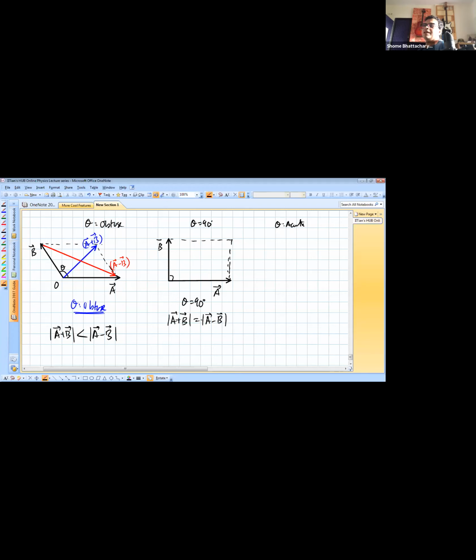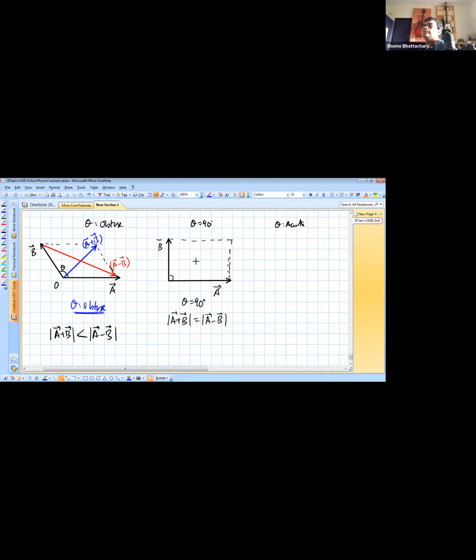So these two statements imply each other. Whenever we have perpendicular vectors, we know that mod A plus B is equal to mod A minus B. On the other hand, if we have two vectors whose sum and difference have the same magnitude, that means the vectors must be perpendicular, because this is the only geometrical situation which is possible.